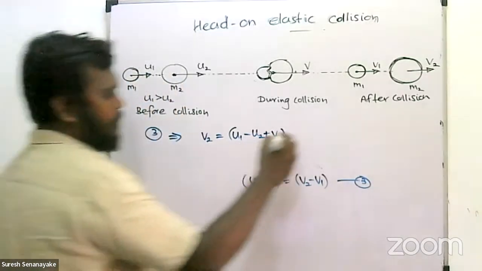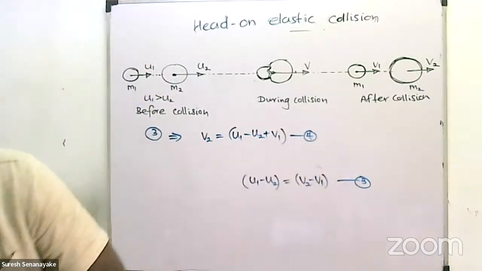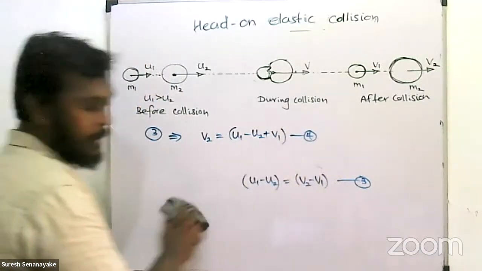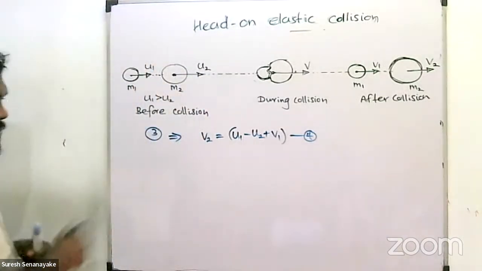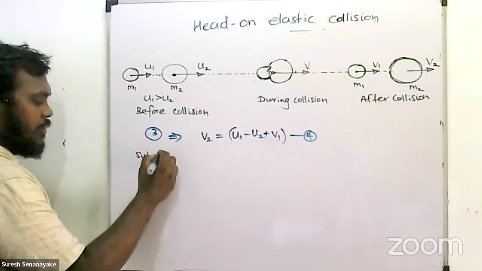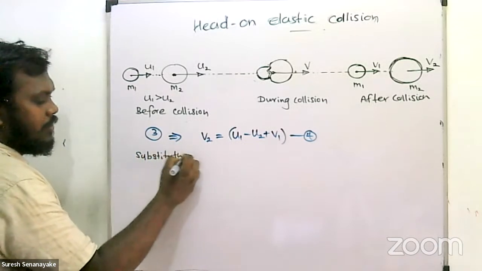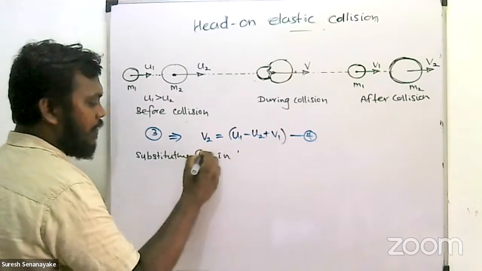This is, let's see, the fourth one, and then the fourth one I substitute in the first one. I'll erase this equation also. Now this is substituting 4 in 1.